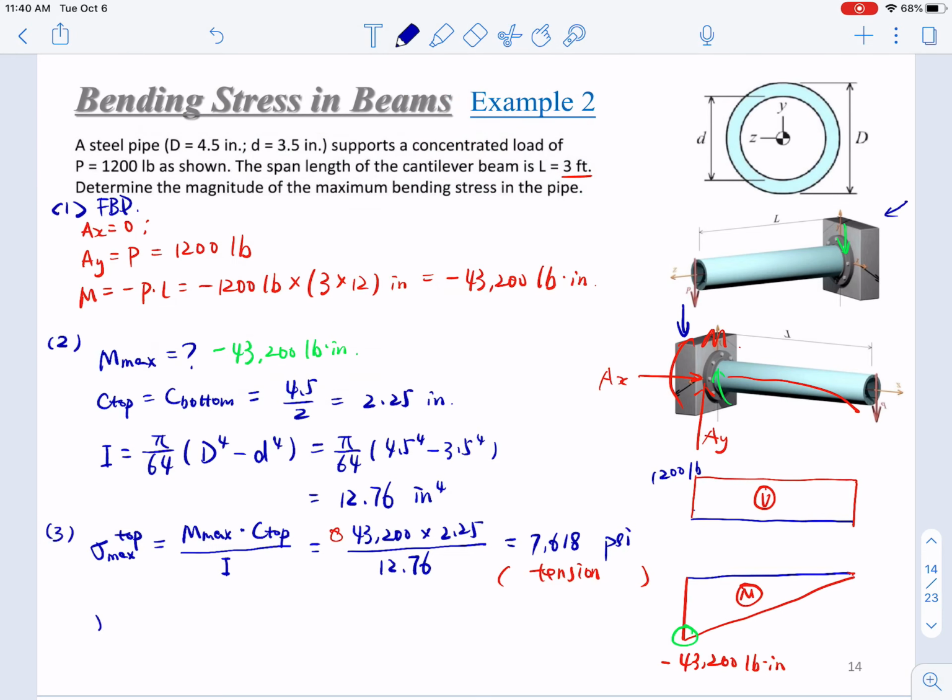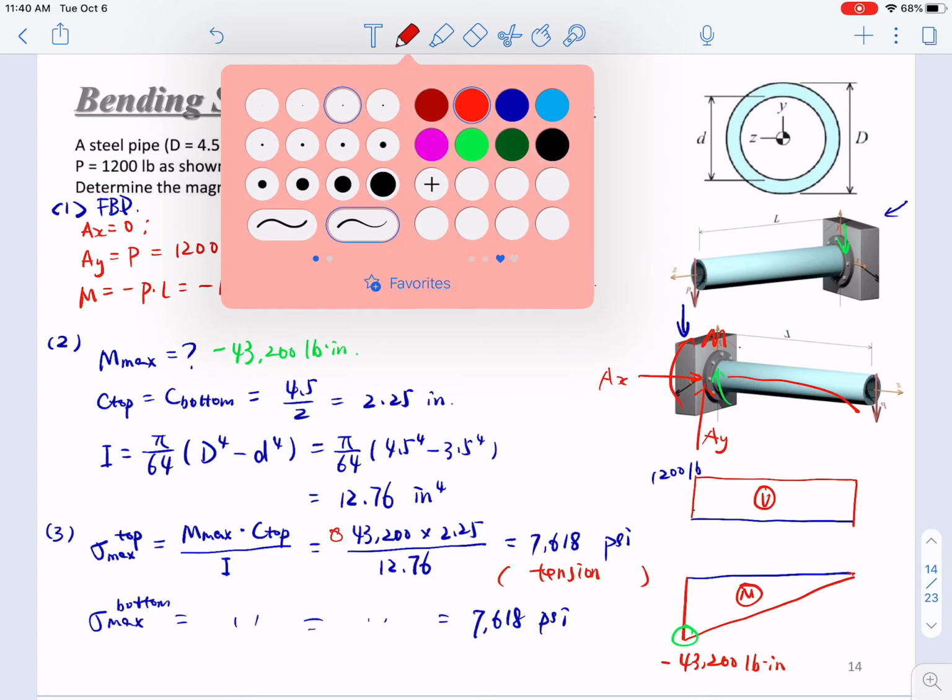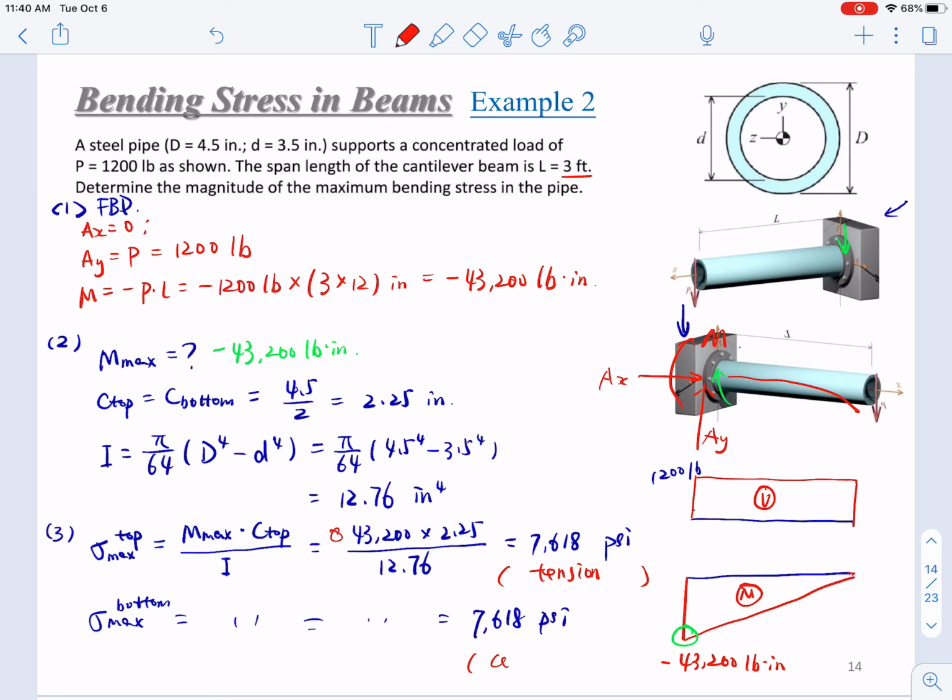So how about the maximum stress on the bottom? The equation and calculation will be the same, so that will be the same result. But the sign will be in compression.